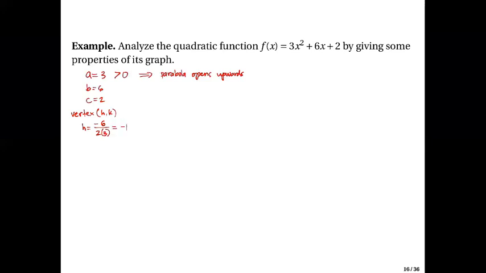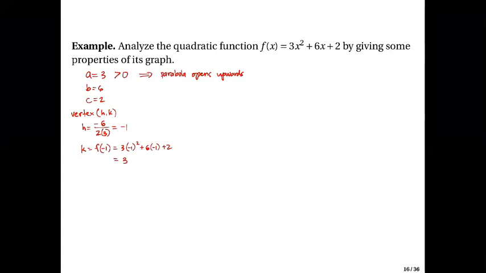And this is just negative 1. Okay? And then, of course, the k, it's just f of negative 1. And we will have 3 times negative 1 squared plus 6 times negative 1 plus 2.